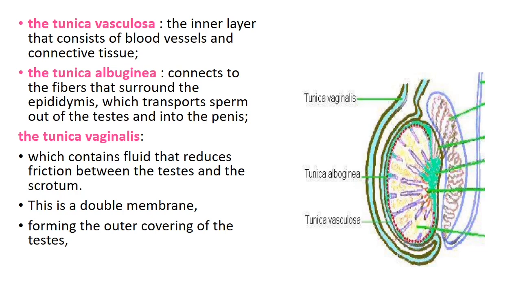The first one is the tunica vasculosa. This is the inner layer, which contains blood vessels as well as connective tissue. Then the tunica albuginea, the layer of connective fibers that surrounds the epididymis, which transports sperm out of the testis.